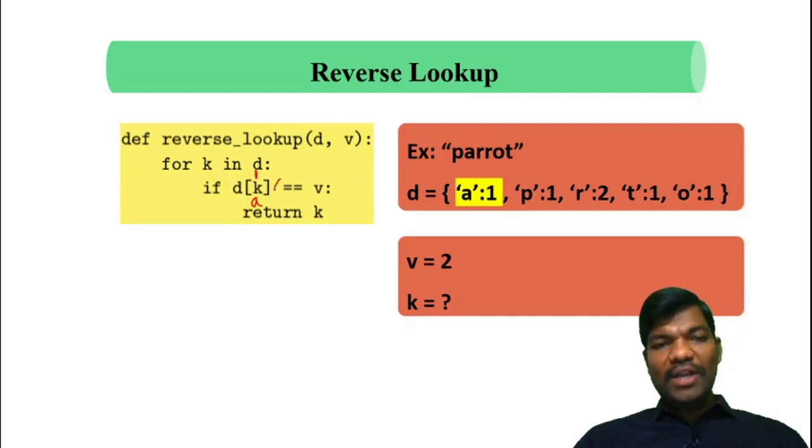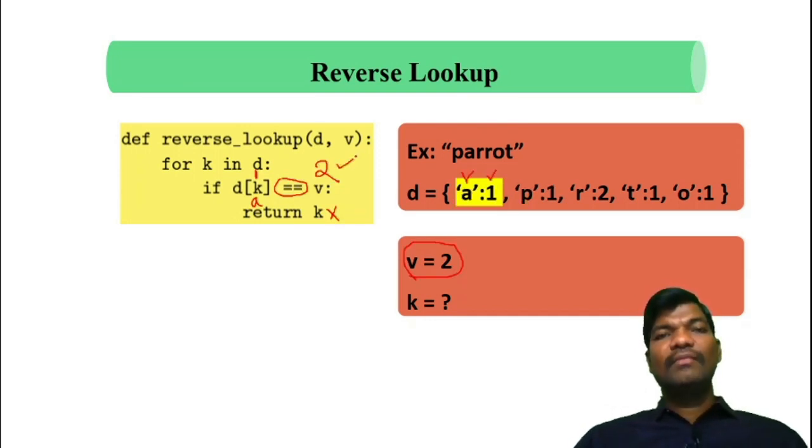Compare if this is equal to our given value. What is the value here? 2. V value is 2. 1 is equal to 2, true or false? False. So return K is not executed, because the value is 1, but we need 2.